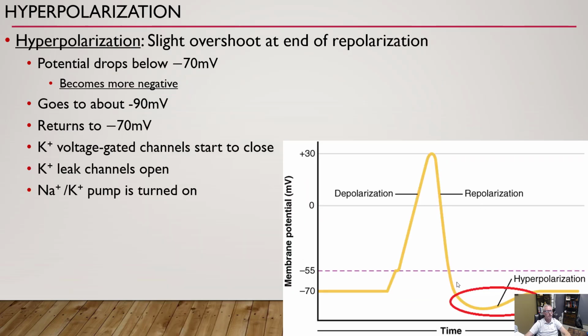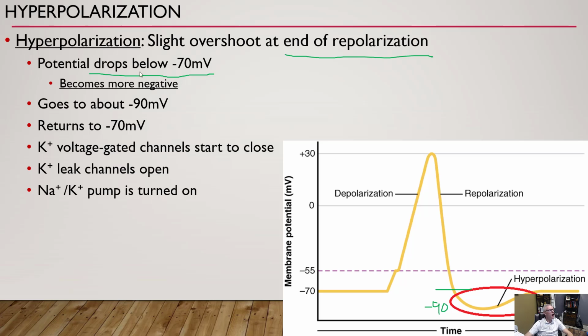But that's our resting membrane potential right there of negative 70. We actually don't stop at negative 70. We actually overshoot at the end of repolarization. What we see is that we overshoot. We actually go to about negative 90 millivolts.